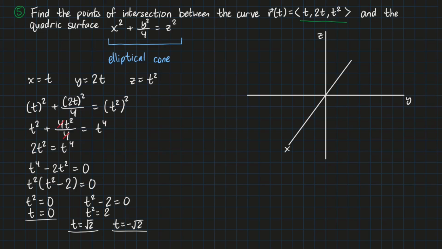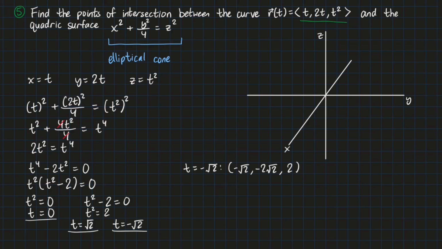So the curve r of t intersects the elliptical cone at t equals 0, t equals radical 2, and t equals negative radical 2. We can take these three t values, plug it back into the r of t equation, to find out the 3 points of intersection in terms of x, y, and z. So for t equals negative radical 2, the point we're going to get is negative rad 2, negative 2 rad 2, and 2.